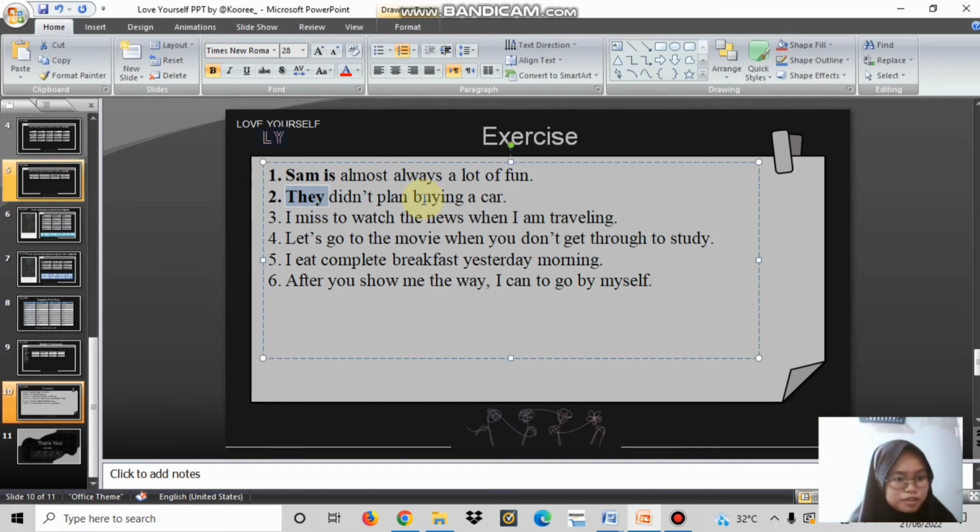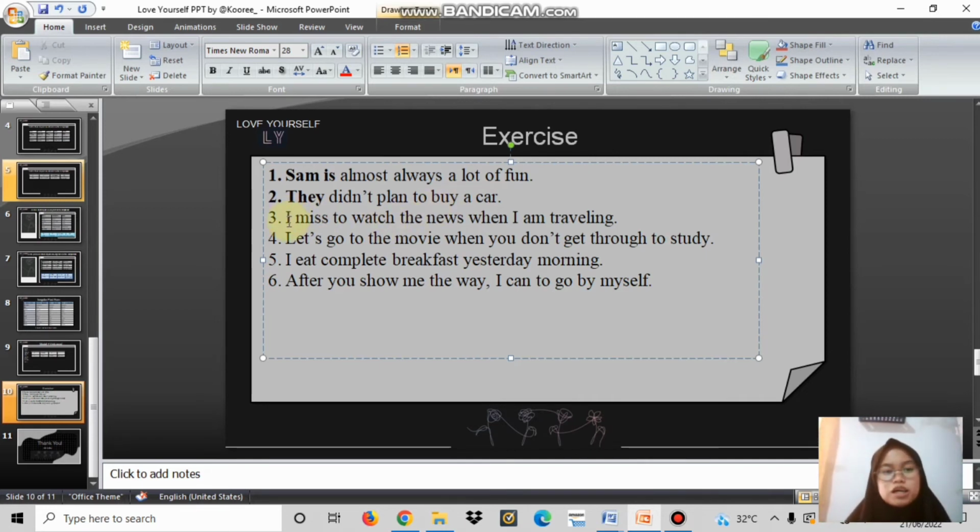The verb plan is included in the verb list that requires an infinitive in the complement. So we have to add "to" infinitive after plan. So the correct sentence is they didn't plan to buy, not without to. They didn't plan to buy a car.